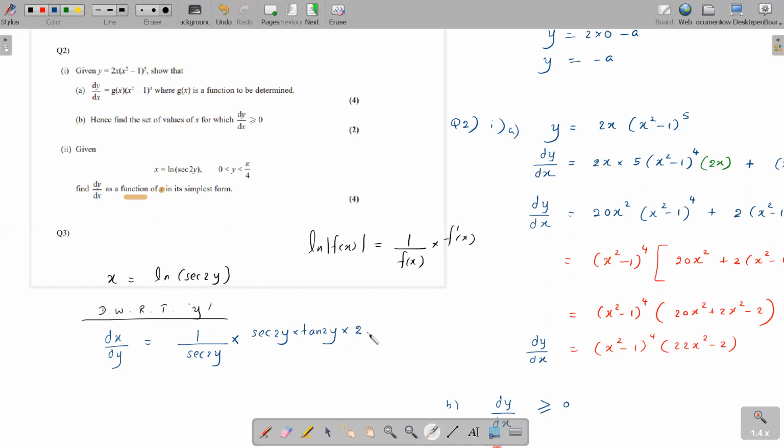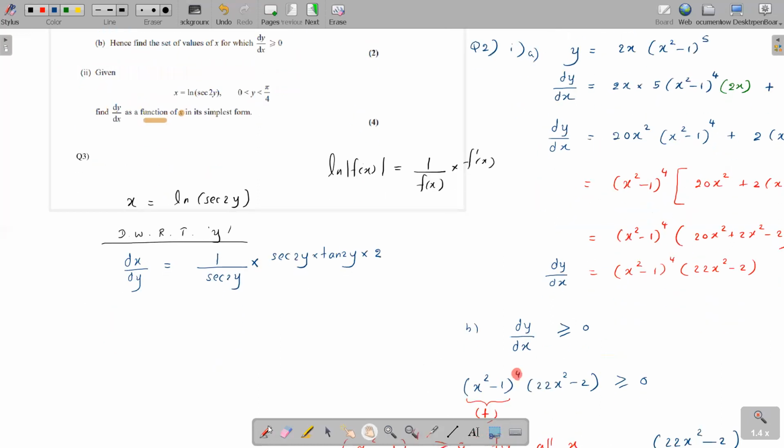You don't get any dy by dx there. If you want me to explain something again, please let me know. So I end up getting dx by dy equals sec 2y tan 2y times 2 over sec 2y. One of them will cancel off, and you end up getting 2 tan 2y.